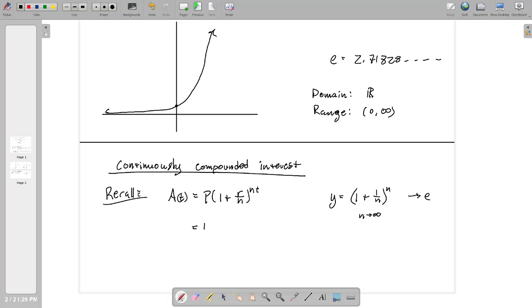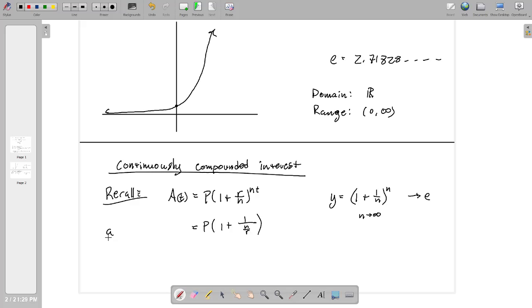So I'm going to rewrite this as P times 1 plus 1 divided by n divided by r. So if you remember, when we are dividing fractions, a over b divided by c over d is equal to a times d divided by b times c.